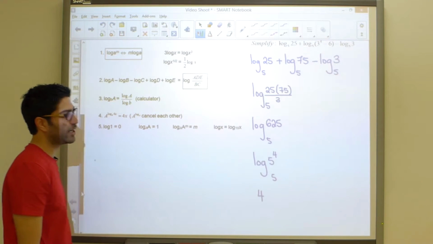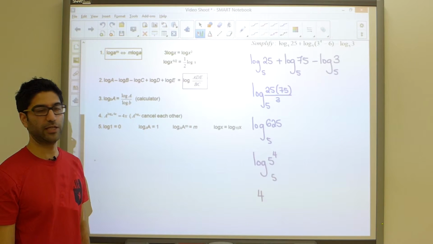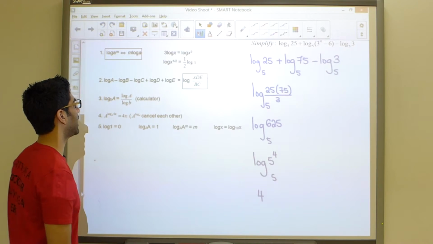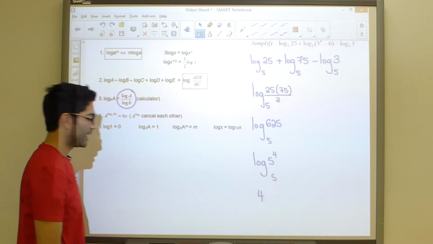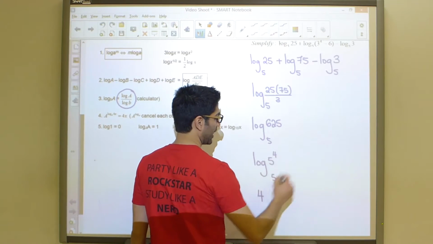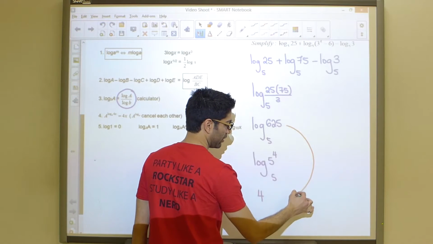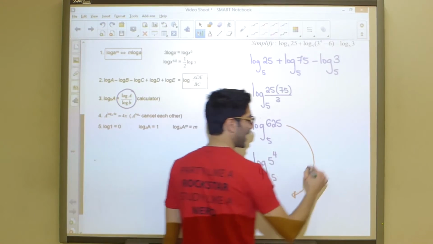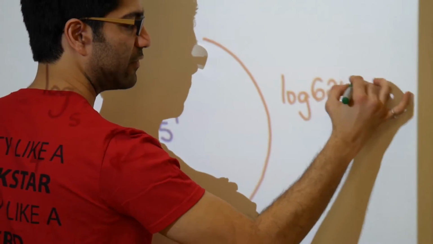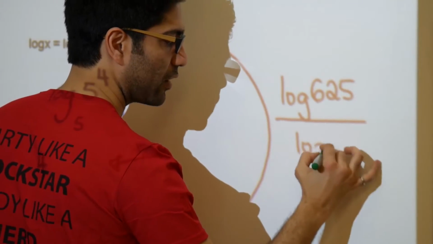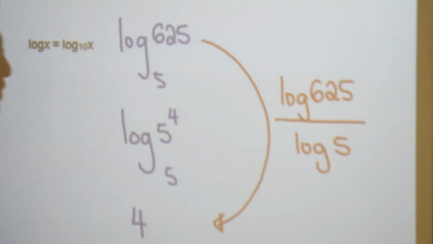So here is where we are going to cheat a little bit. We are going to apply this rule in our calculators, and we're going to go from here to here directly first. We are actually, in our calculators, going to type log 625 divided by log 5. And the answer is going to be 4.